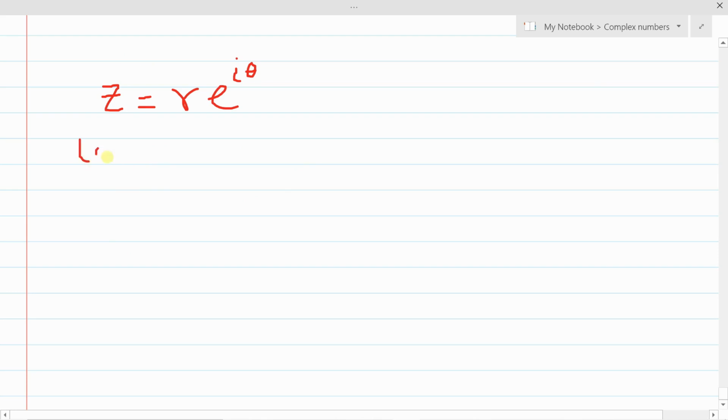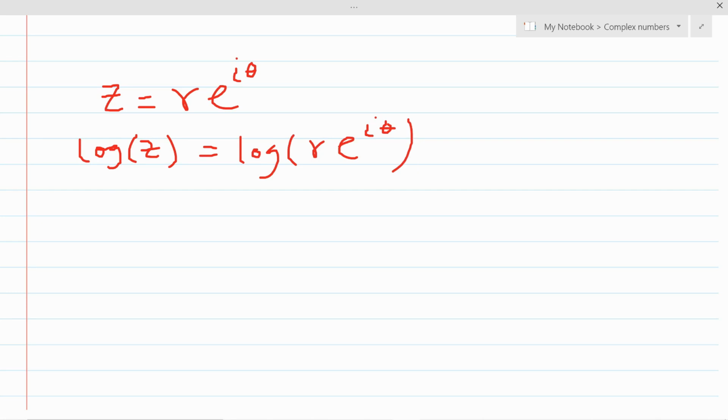So log of z is actually equal to log of r e to the power i theta. Now in terms of the properties of logarithm, this will be log of r plus log of e to the power i theta.